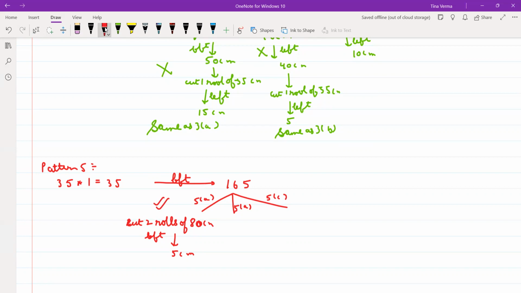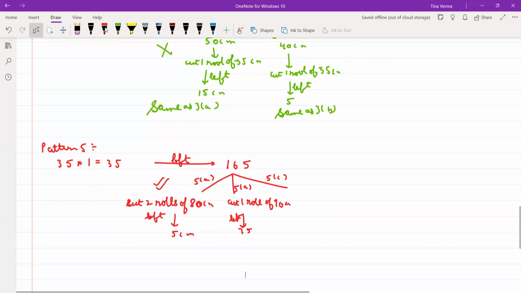Now you have 165. You cannot cut 2 rolls, right? So you can cut only 1 roll, 90 centimeter. So you are left with, 90 का एक निकाल लिया तो कितना बच गया? 75. Can you waste 75?